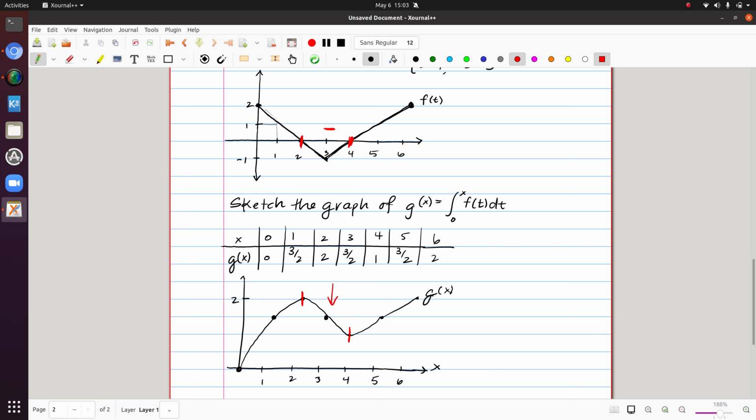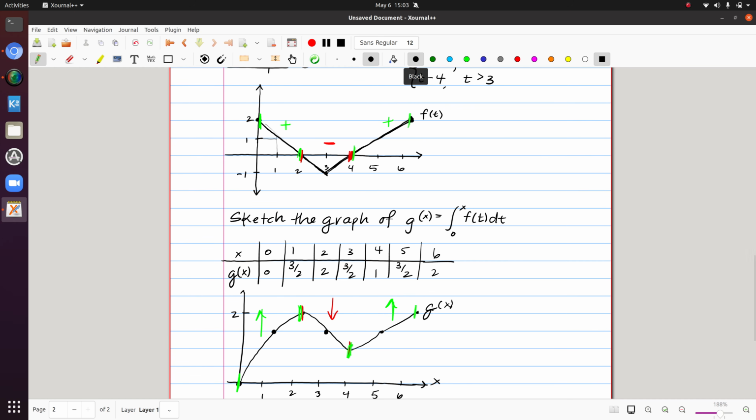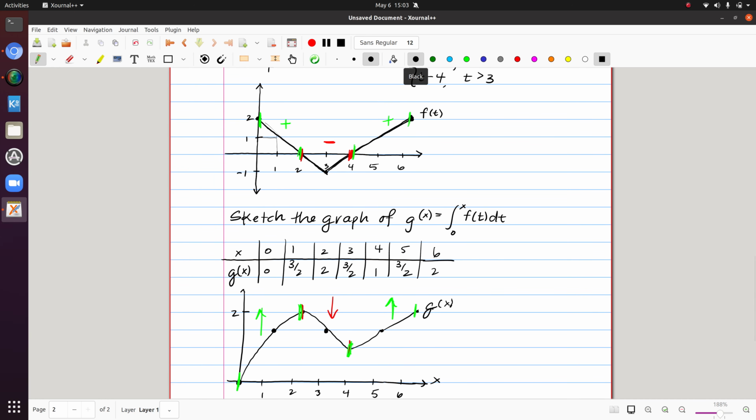And likewise, where I see that my f function is positive, we see that g is an increasing function. So one connection, and this is going to be formalized when we write out this second part of the fundamental theorem, is that this is a similar connection we see between a function and its derivative. If we think about the derivative of g being f, we see where g is increasing, f is positive, and where g is decreasing, f is negative. And it turns out that's true.